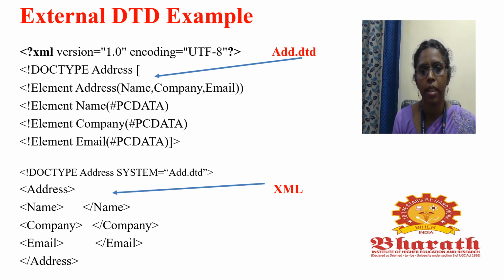That DTD file we are invoking within this XML program. So if you are storing a DTD within an XML, it is called an internal DTD. If you are storing a DTD as a separate file, it is called an external DTD.